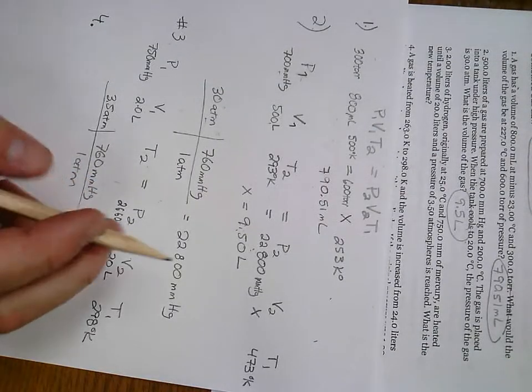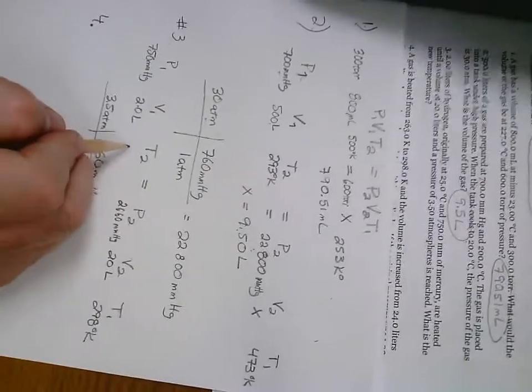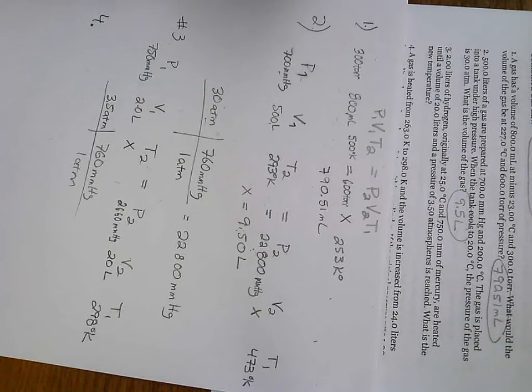And they're asking me, what is the new temperature? So what is T2? All right, 2,660 times 20 liters times 298 degrees, enter, divided by 2 divided by 750 equals a ridiculous number.